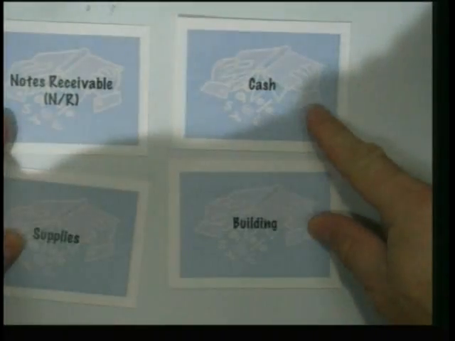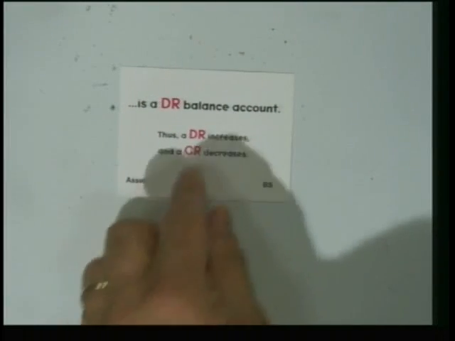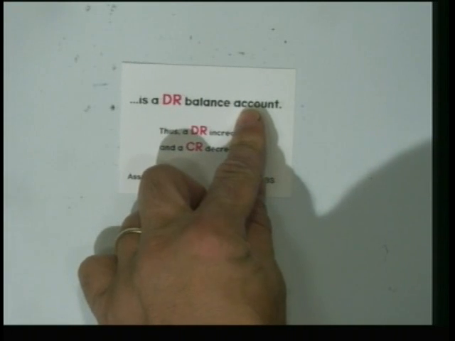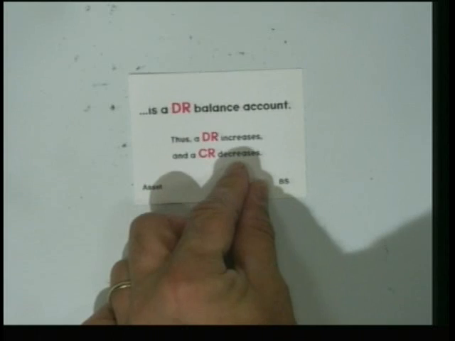On one side of the flashcard, I have the name of the account. On the other side of the flashcard, I have: cash is a debit balance account. Thus, a debit increases and a credit decreases. Are you with me?